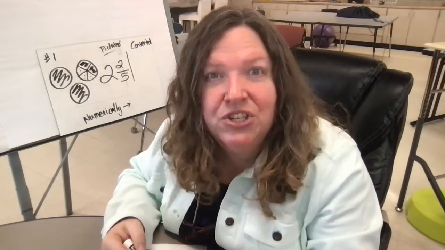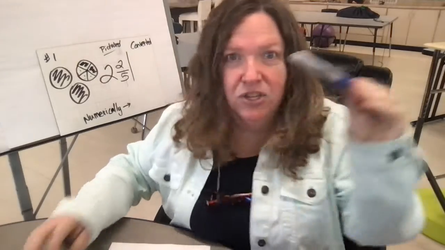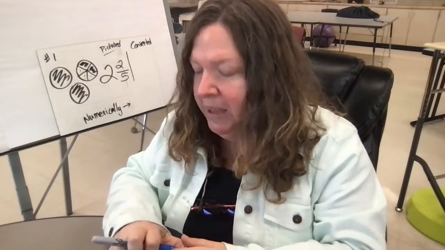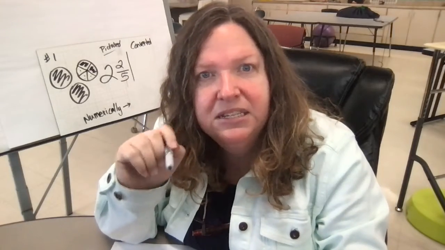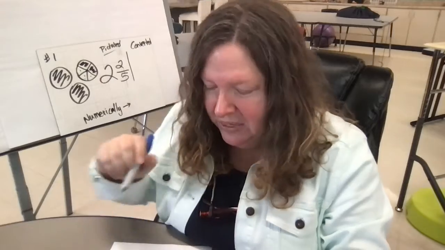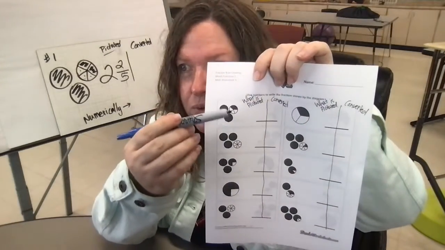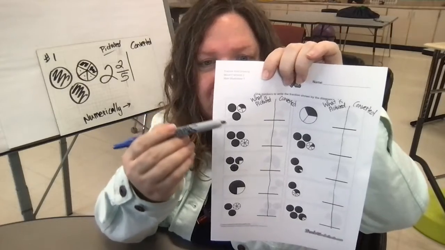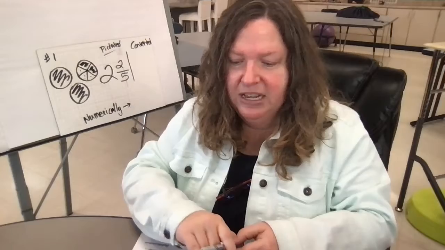Now, the next step we need to do is convert it. I want you to take your pencil or your pen or your marker and literally cut up the pieces differently on your paper to convert it to an improper fraction. You're going to use your pen and cut up these 2 wholes. I'm going to do that here so you can see it more easily.